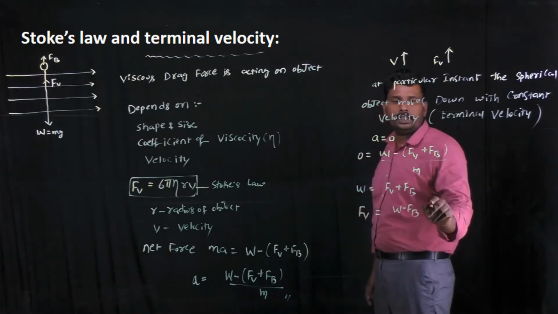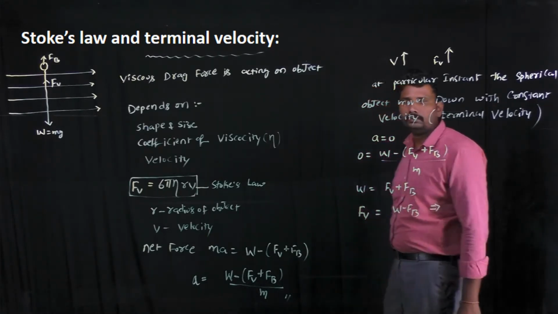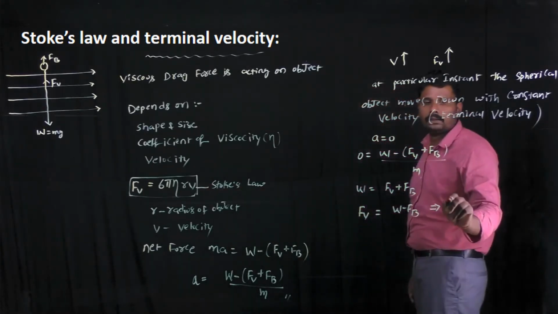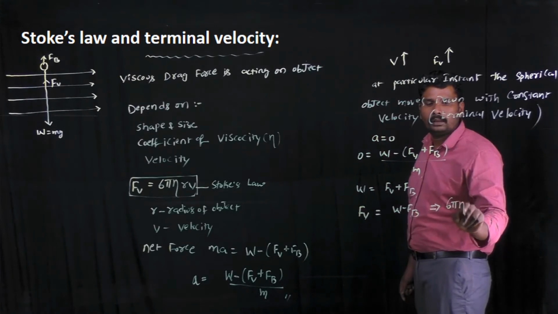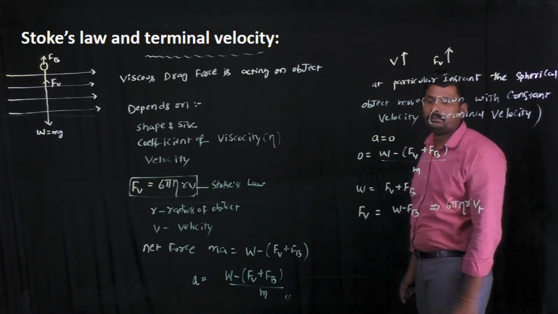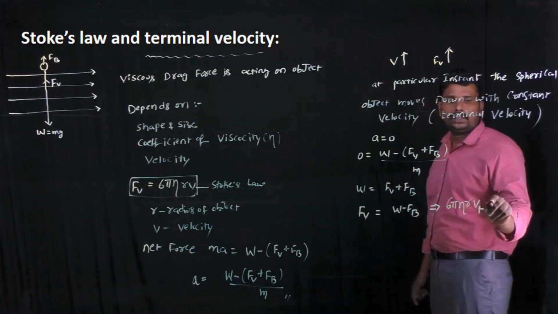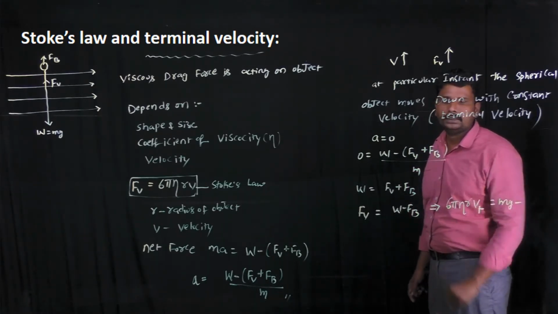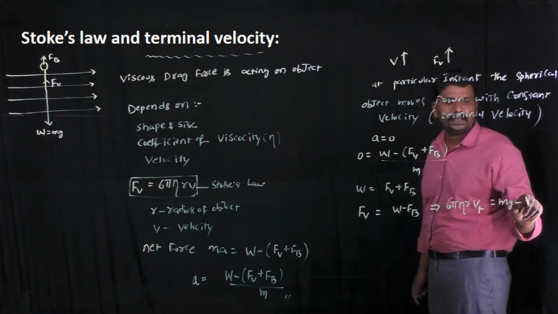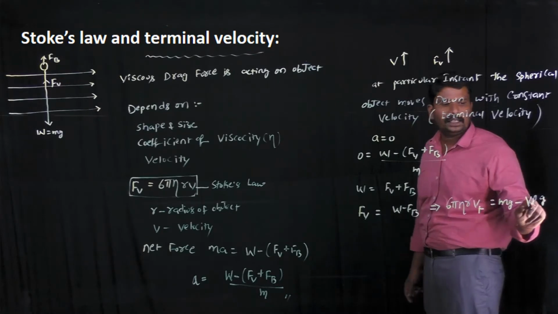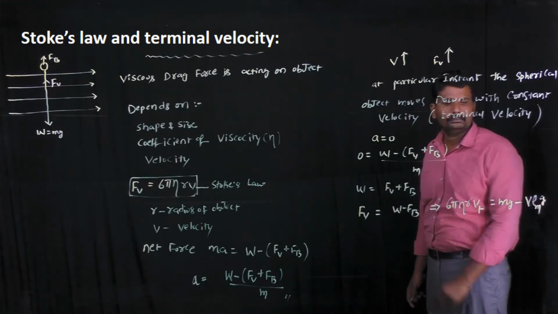By substituting the values, viscous drag force is nothing but 6 pi eta r v, where r is the radius of the object and v is the terminal velocity, equals the weight of the object mg minus the buoyancy force. The expression for the buoyancy force is V rho g, where rho is the density of the medium.